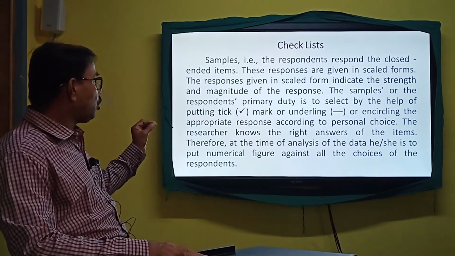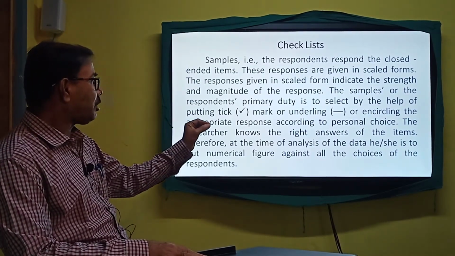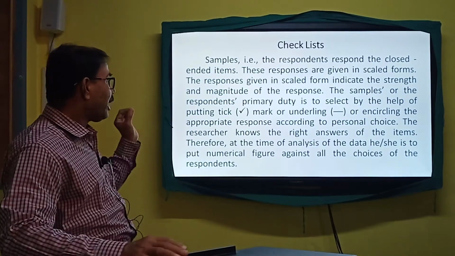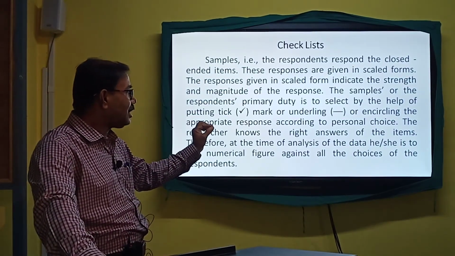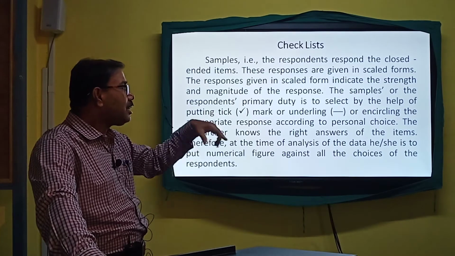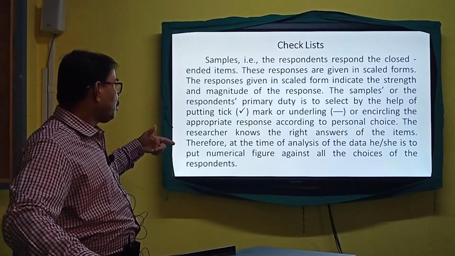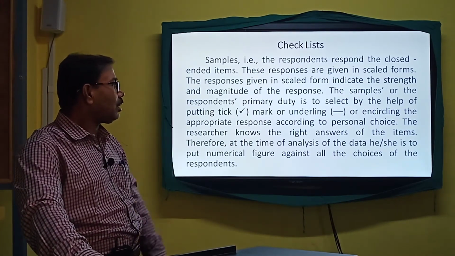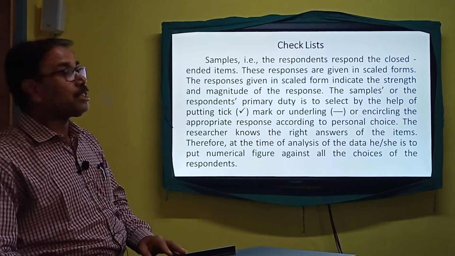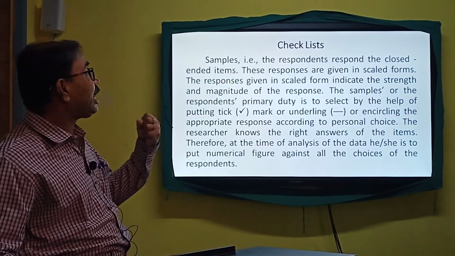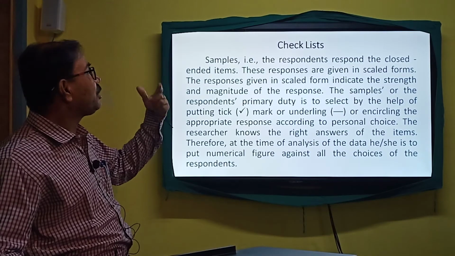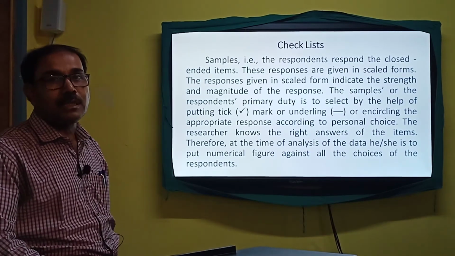The researcher knows the right answers to the items. Therefore, at the time of analysis of the data, the researcher is to put a numerical figure against all the choices of the respondents which are elicited using the items included in the checklist.